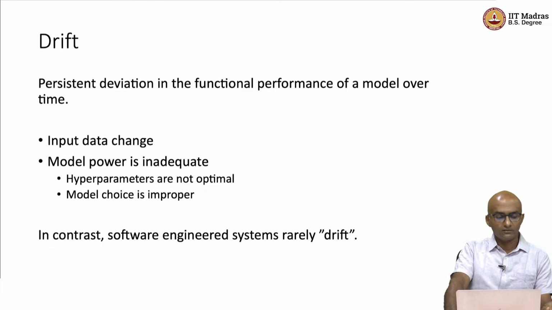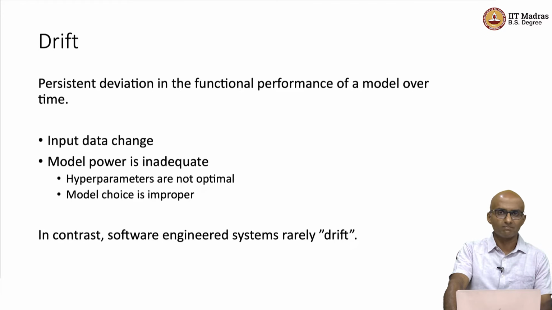Just to contrast, software engineering systems, which are highly deterministic, consistent systems, rarely drift. Once they are certified to be working correctly, you would not expect a deterministic software system to say that it can no longer handle a situation it used to handle before. If it happens, it is usually because of a change, and then testing, especially regression testing, would capture and flag those instances.